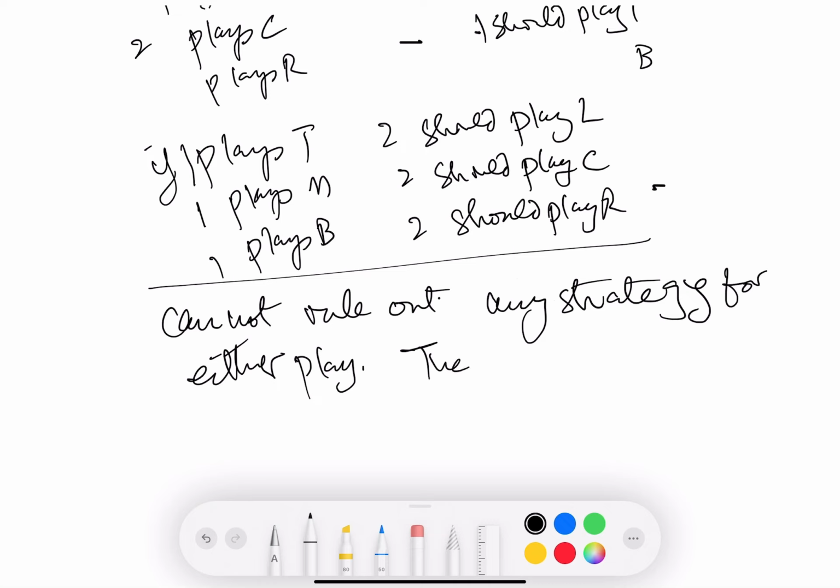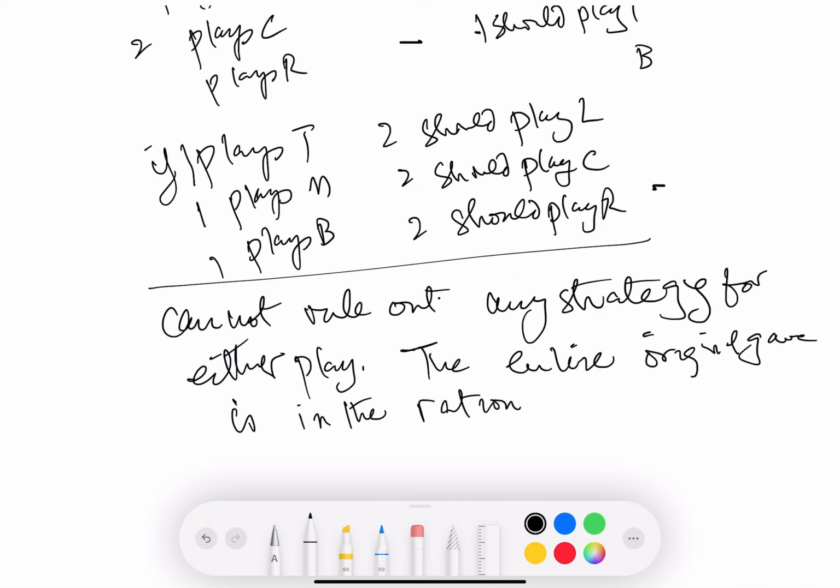The entire original game is in the rationalizable set. Okay? Okay, so I think that's an example.